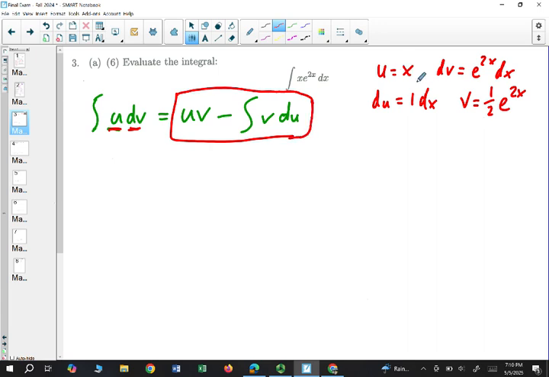So we have uv, so x times 1/2 e to the 2x, or I can just merge it together and say this is 1/2 x e to the 2x, minus the integral of v du, so 1/2 e to the 2x dx.